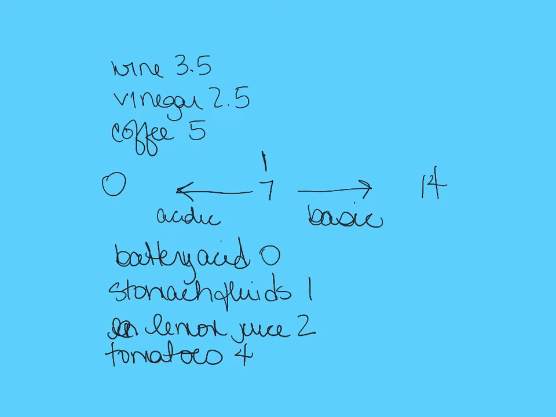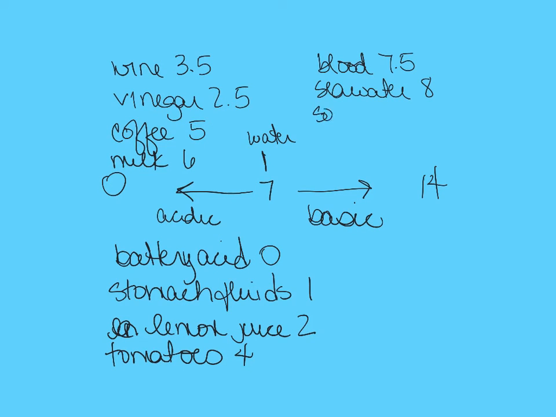Whatever you would add to it would change the pH. Milk is about 6 to 6.5. Pure water is neutral at 7. Blood is slightly basic. Blood, I think, is about 7.5. Don't quote me on that, but it's around there. Seawater is considered basic. It's about 8.